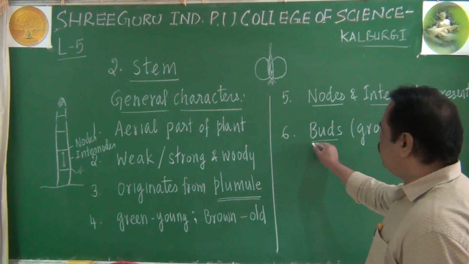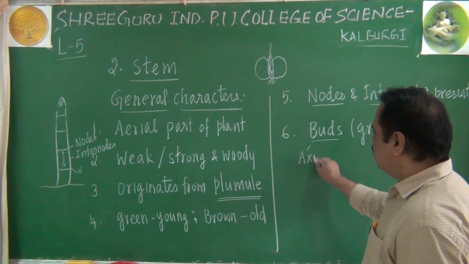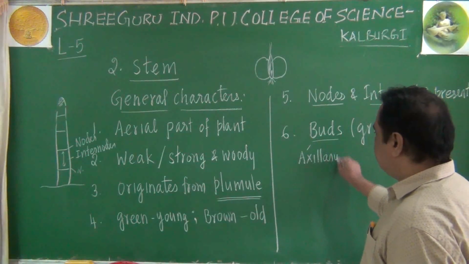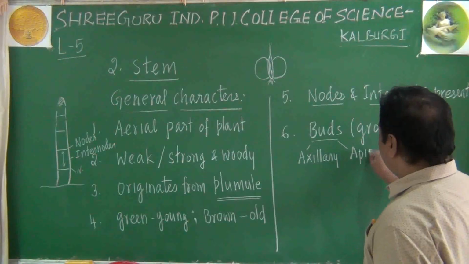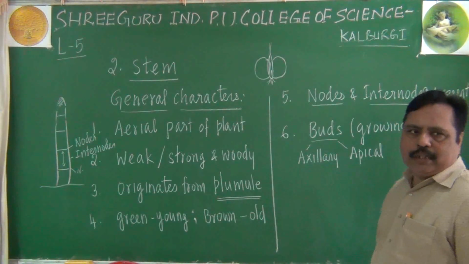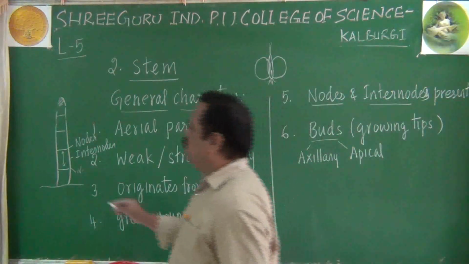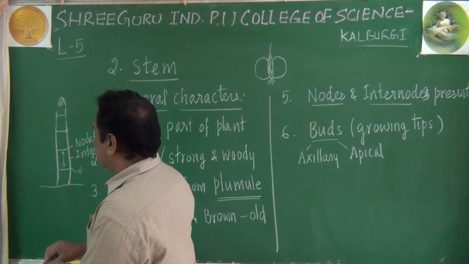Students, there are two types of buds we can remember. One is called axillary bud. Another one is called apical bud, remember this point. So there are axillary bud and apical bud. Axillary buds are present at the corners of the nodes here.